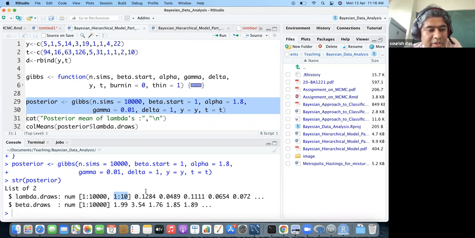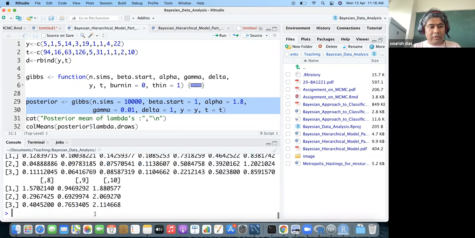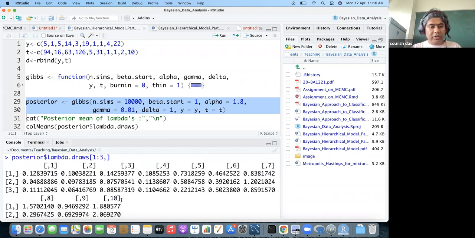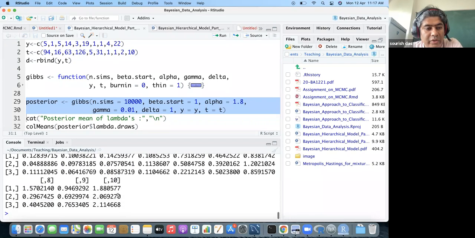So this is the typical thing. So it will be like posterior dollar lambda draws. If I just say head, you can see for each of the 10 lambdas, it is being drawn accordingly.